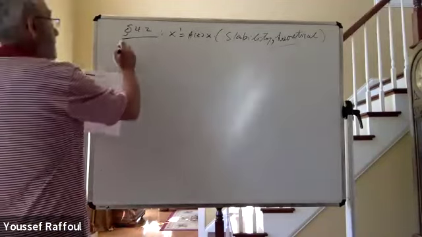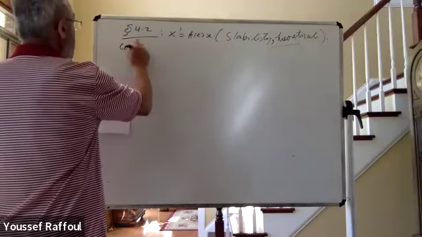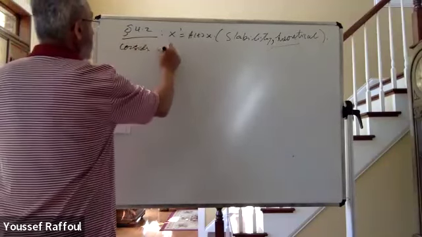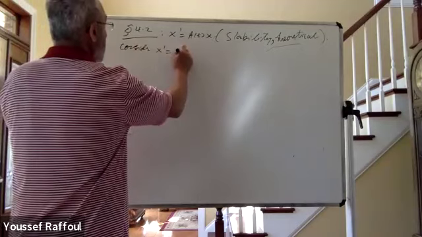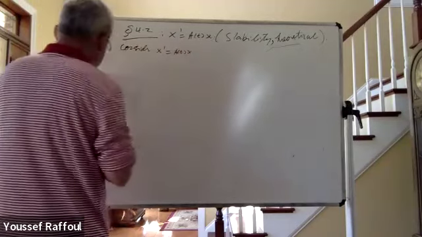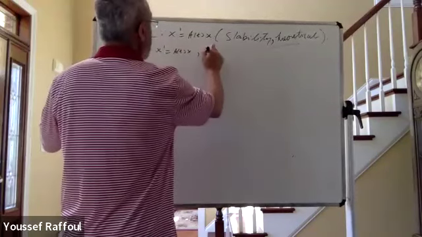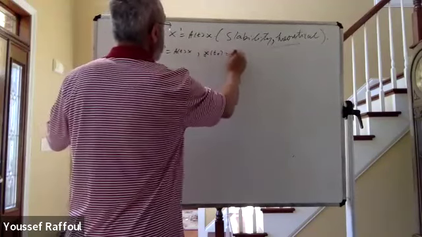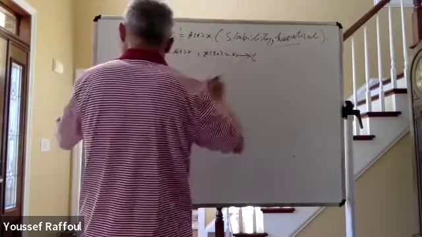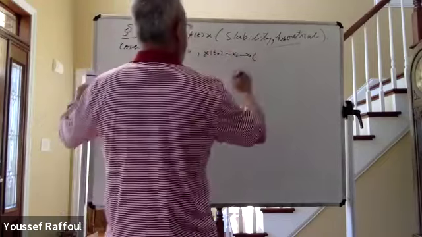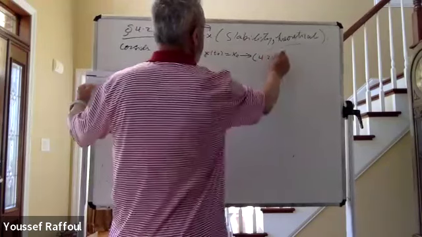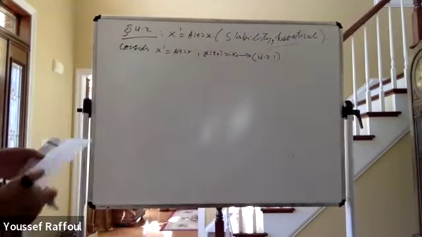So we're going to consider x prime equals A(t)x with x(t naught) equal to x naught, and this is 4.2.1.